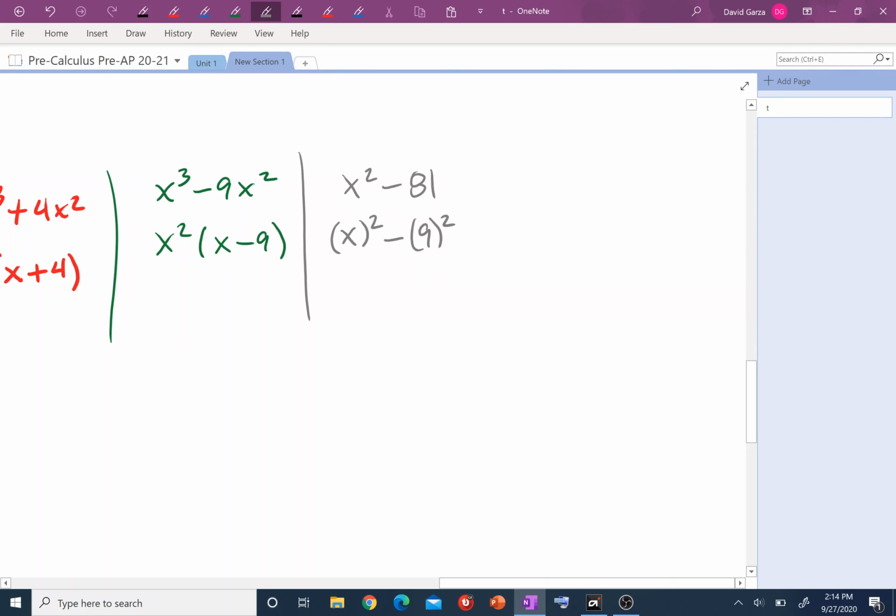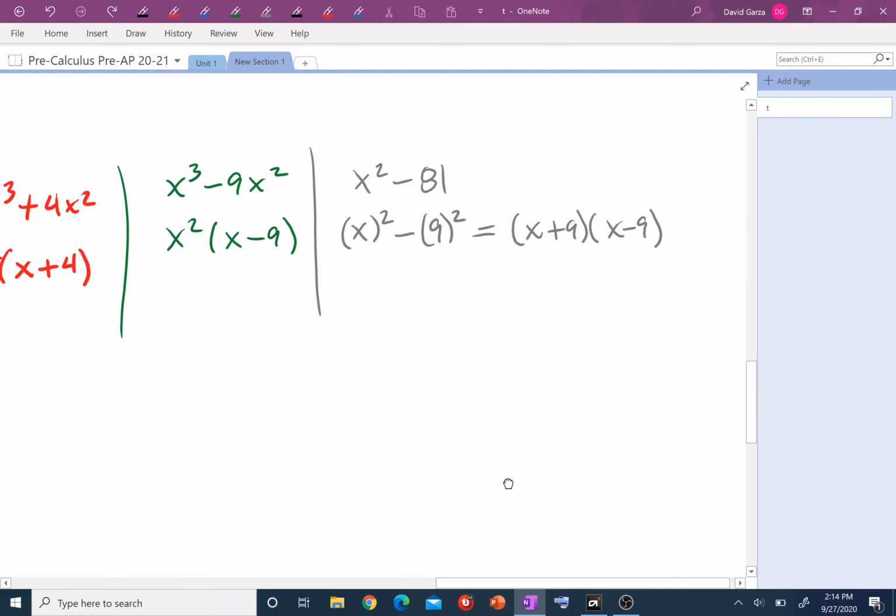And we can use the difference of squares formula, which gives us x plus 9, x minus 9. If you don't believe it, use the distributive property, and you'll notice the middle terms cancel out and you'll end up with that. So we have x plus 9 and x minus 9.